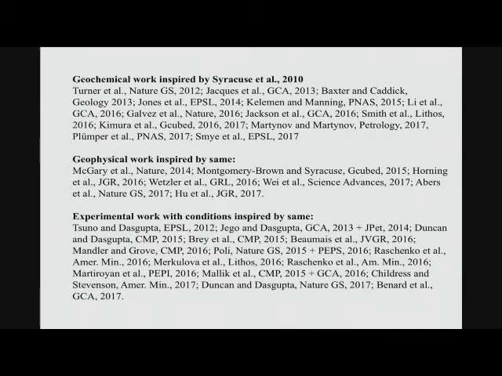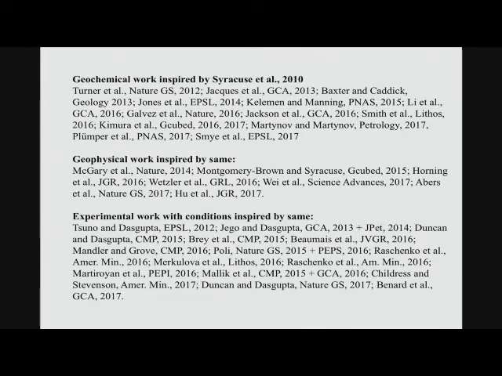So, and this is where the dangerous part starts. I'm preparing a paper, and I looked at who cited our paper, for reasonable reasons, not to say, well, the Izu-Bonin trench is moving at this speed, which you can look up elsewhere. And so we inspired a whole bunch of geochemical work. This is where people took our models and then did geochemical modeling, for example. We have a bunch of people who did geophysical work, again doing the same thing.